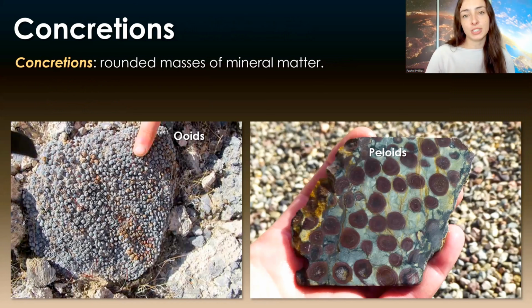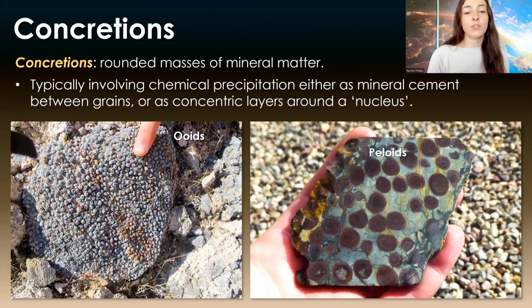So the first major example of pseudofossils we'll talk about are concretions. Concretions are just rounded masses of mineral matter, and these can occur in many different sizes and form in many different ways. Typically, they involve the chemical precipitation, or basically formation of minerals, either as cement in between sediment grains or as concentric layers around a nucleus, like we can see here with the peloids.